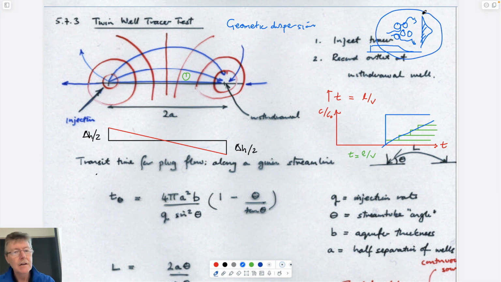And so again, for the second one of our in situ methods, it's rarely used. So in the lab, for low flow velocities, you can get dispersions.